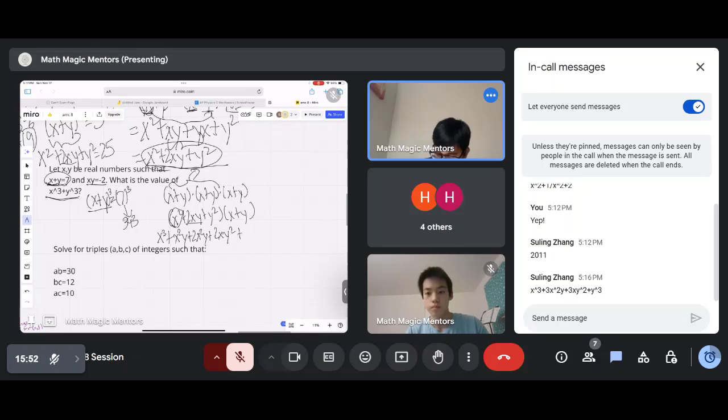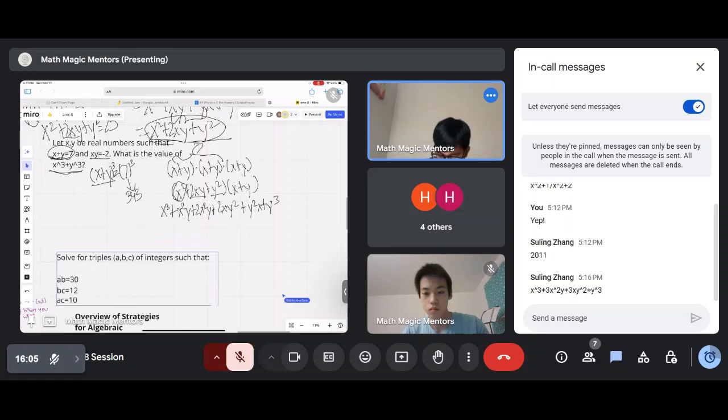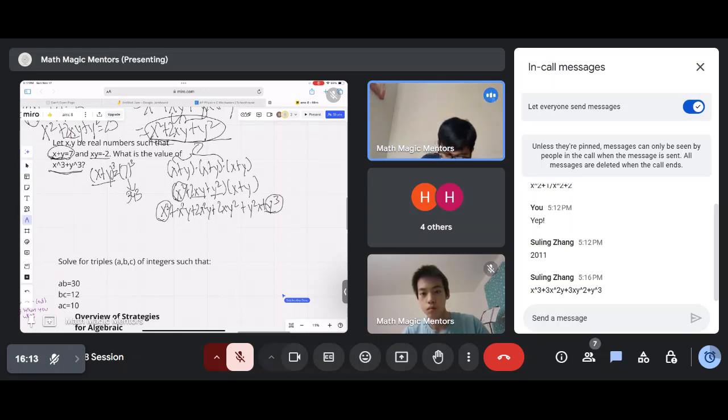Then the y squared gives us y squared x plus y cubed. So we can see that we have x cubed plus y cubed like we want, but we also have these extra four terms.